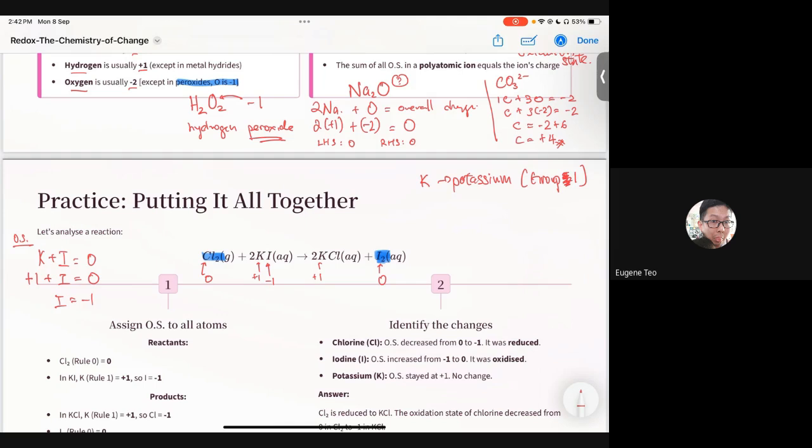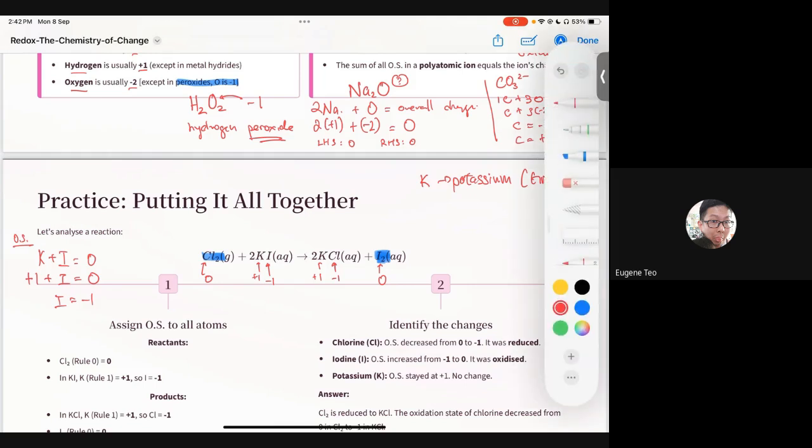So I can apply the same thing to the KCl. So the Cl here will also be -1. Now, some of you might be thinking, why you never do anything about the 2 over here? Does the 2 affect the oxidation state? Answer is no. So you can ignore the 2. The 2 does not contribute to the oxidation state.